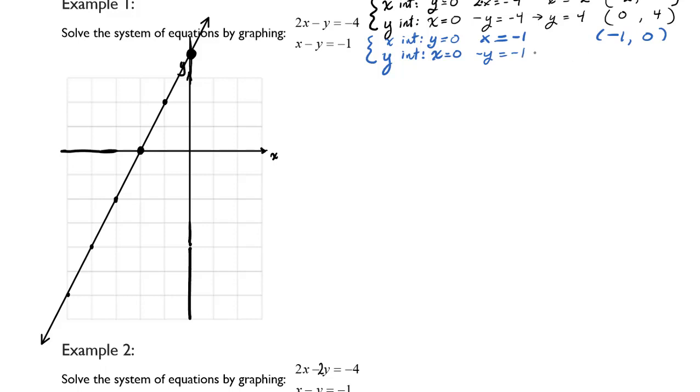And so I can divide both sides by -1 and get y equals 1. So the coordinate point for the y-intercept is 0, 1. So I'm going to graph that, -1, 0, and 0, 1.